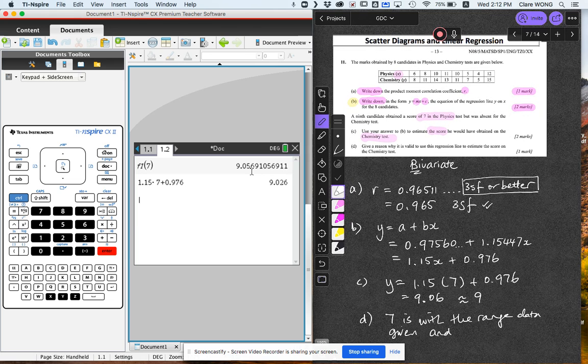You can also say because R is strong, positive. The correlation coefficient is so close to 1. The relationship between the two variables is very strong. Therefore, you can definitely use the line to estimate the score.